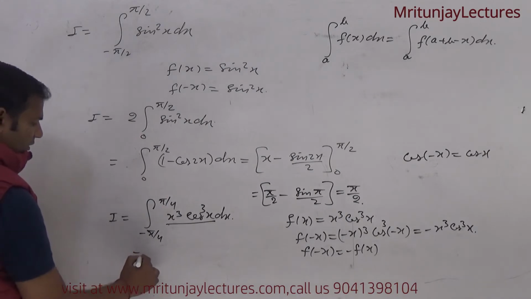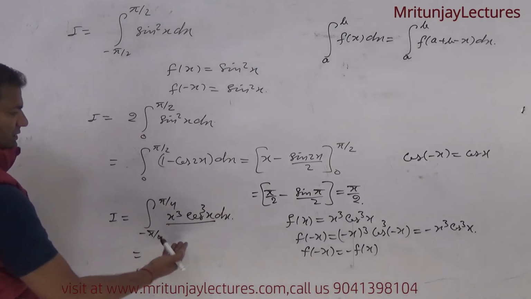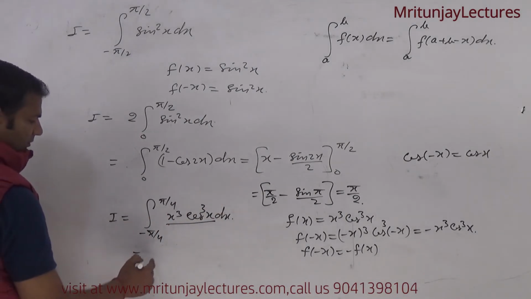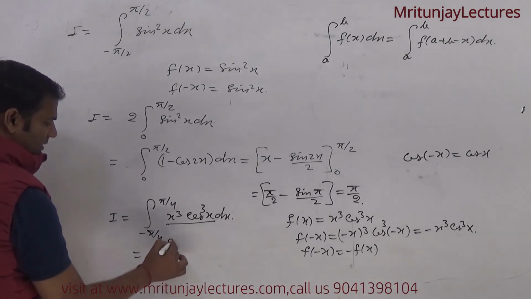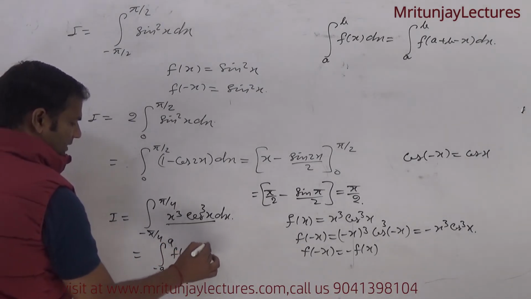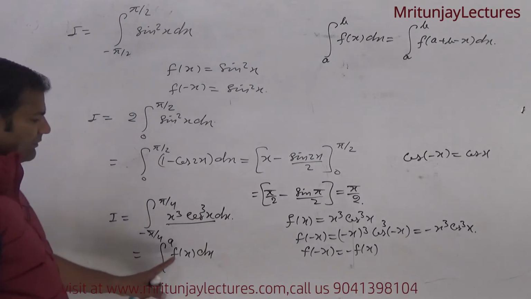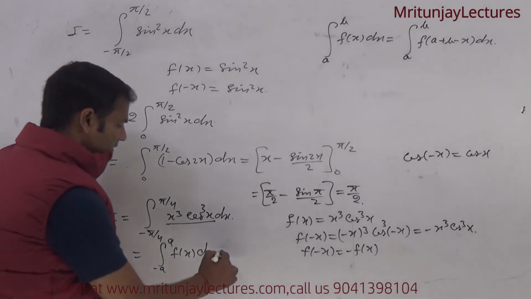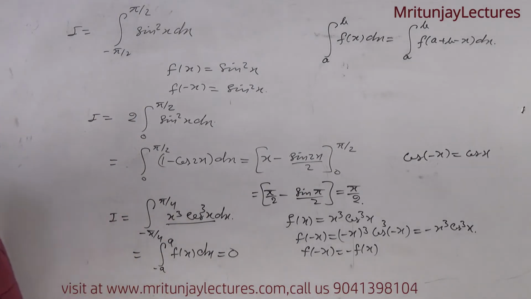If this is an odd function, you know what the integral is: the integral from −a to a of f(x) dx, when f(x) is an odd function, is 0.